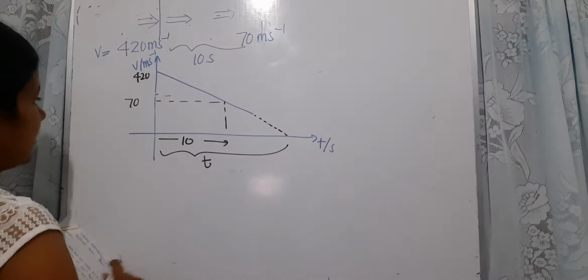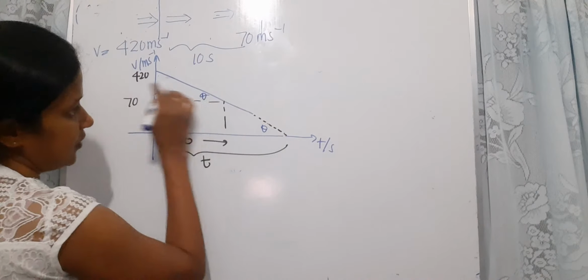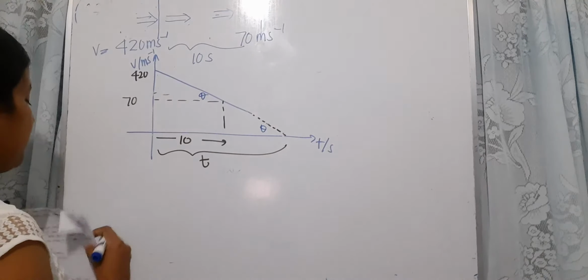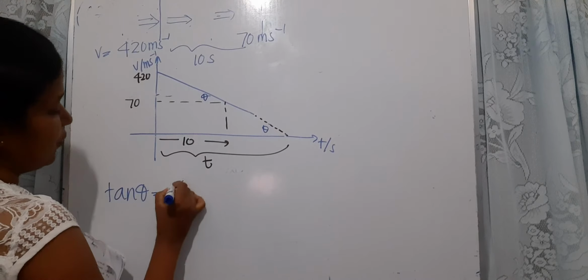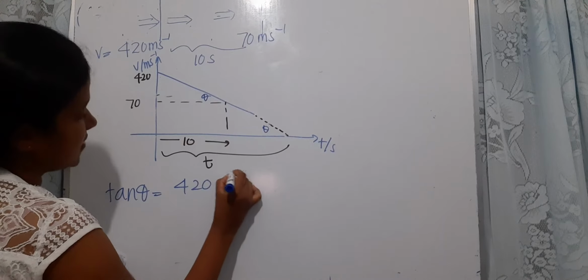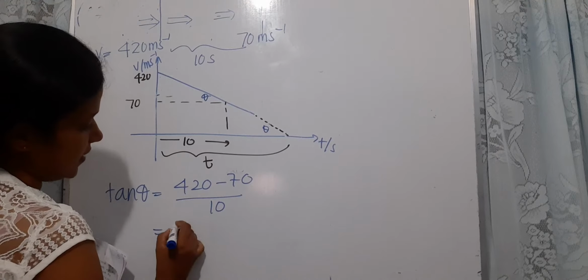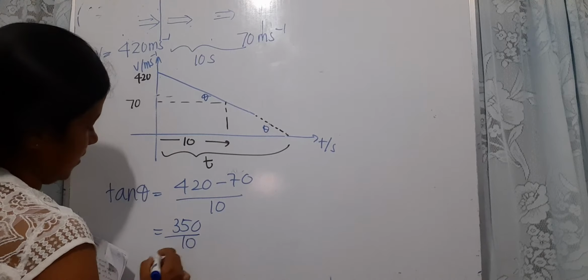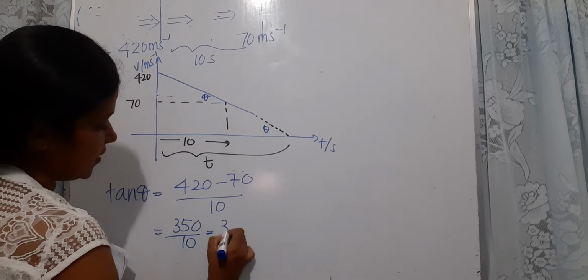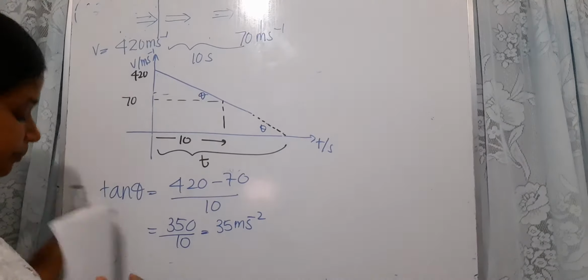So let's say this is theta, both of these are theta here since these are equal angles. So tan theta equals 420 minus 70 over 10. Therefore this is 350 over 10. Then this is 35 meters per square seconds.